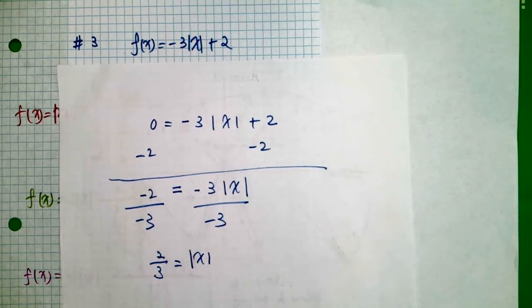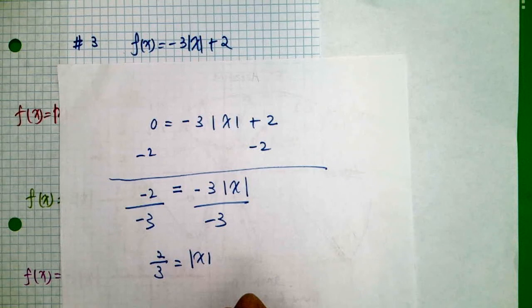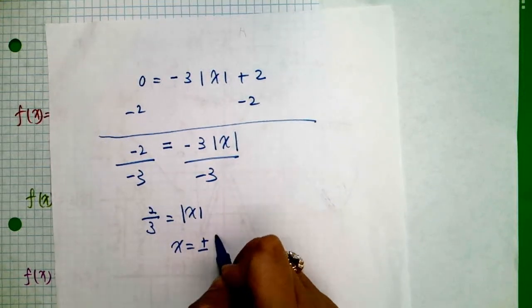We're not done because our job is finding x, so we have to get rid of these absolute value bars. Whenever you do that, your answer should have a positive and negative, because the absolute value of positive 2/3 is 2/3, and the absolute value of negative 2/3 is also 2/3. So our final answer, x equals positive and negative 2/3.